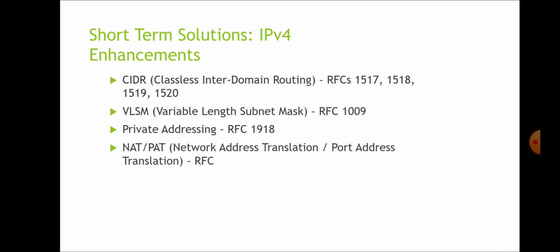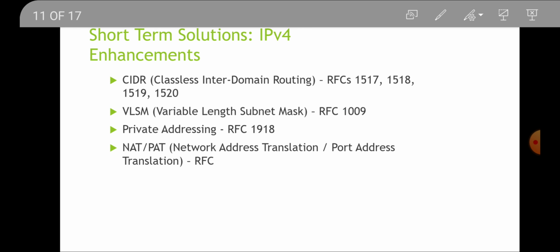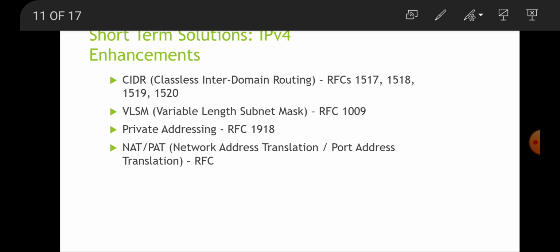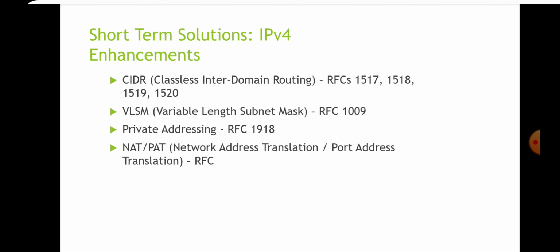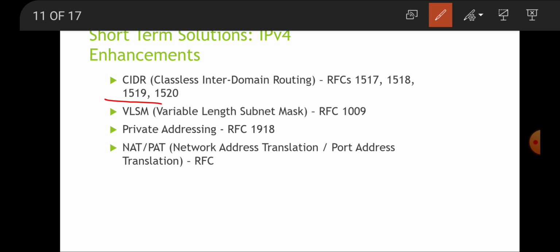Here are the short-term solutions for IPv4 enhancement. CIDR, classless inter-domain routing, can be used, which we already discussed, with the RFC 1517, 1518, 1519 and 1520 standards. VLSM, variable length subnet mask, can be used, RFC 1009.